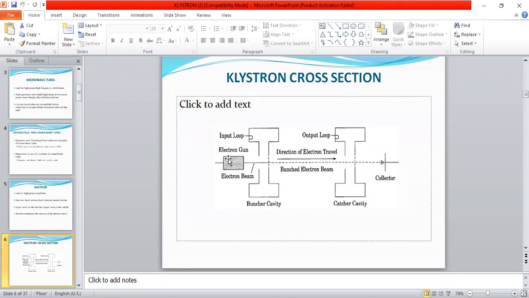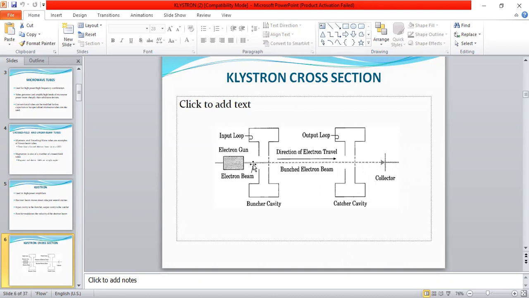When the filament in the cathode is fired, the electron gun releases a beam of electrons, a large number of electrons in the form of a line. So that electron beam is generated by the electron gun with the help of a DC supply.